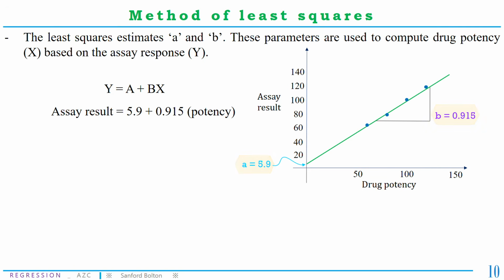The least squares estimates A and B, that is, intercept and slope respectively. These parameters are used to compute drug potency based on the assay response using the equation given below.